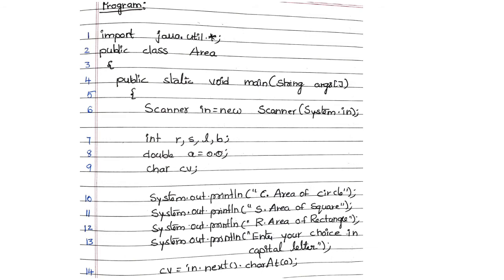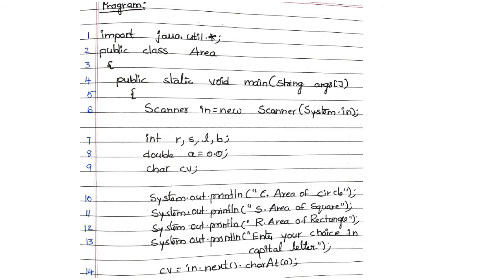Here I have written: C for area of circle, S for area of square, and R for area of rectangle. Enter your choice in capital letters, because in the above statements I have written all the letters in capitals only. C, S, R I have written as capitals. That's why I asked the users to enter the choice in capital letters only.